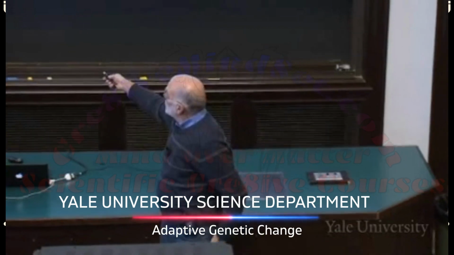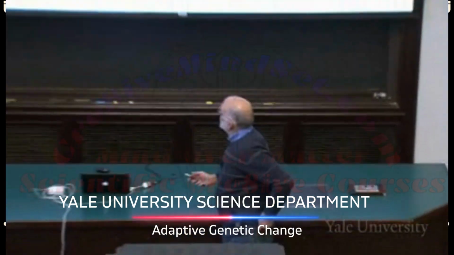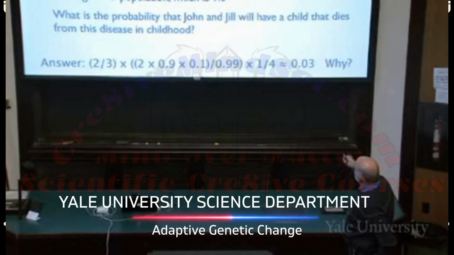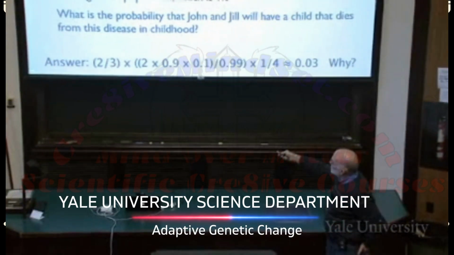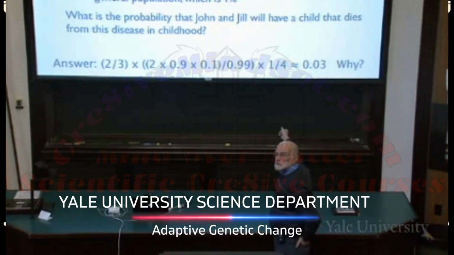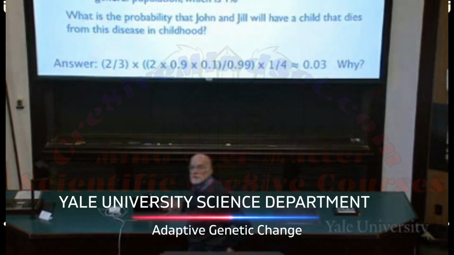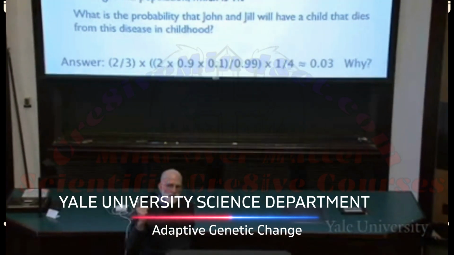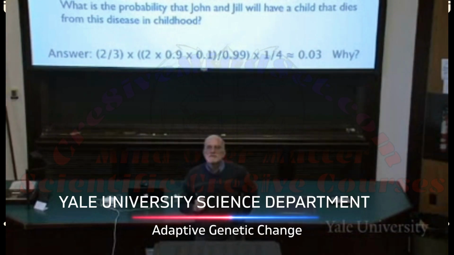But the probability that John and Jill will have a baby that dies from this disease in childhood is going to be, therefore, this 1/4. This 2/3 is going to be the probability that John is a heterozygote.